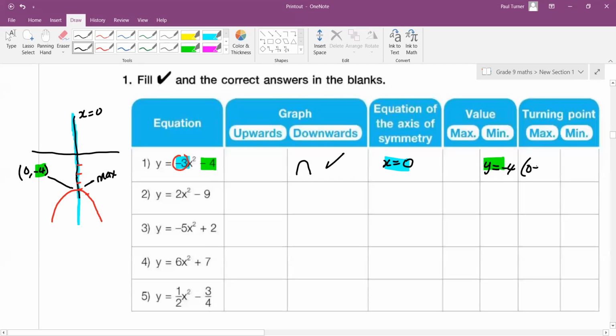There's no minimum there, so that's blank. Sorry, I put that in the wrong box. It's a maximum, so y equals -4. And it's open downwards. Okay, so that's the answer for the first one.